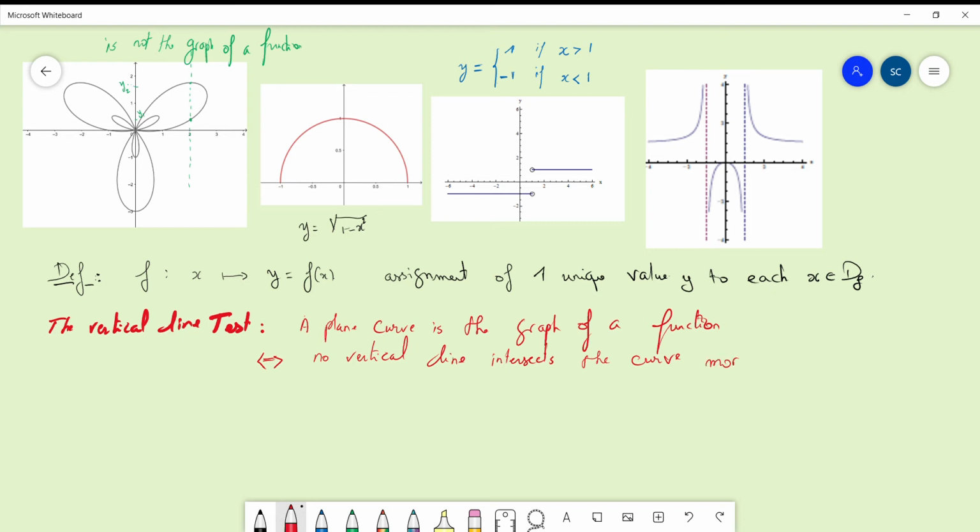So you can use this practical rule to check graphically and quickly if your curve can be the graph of a function or not.